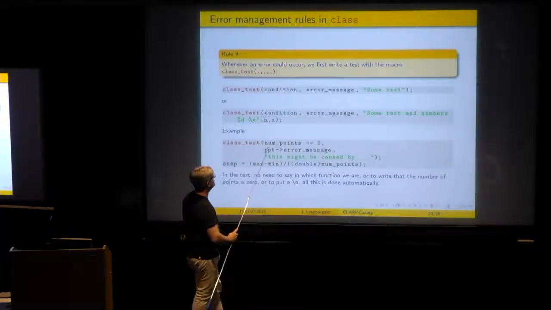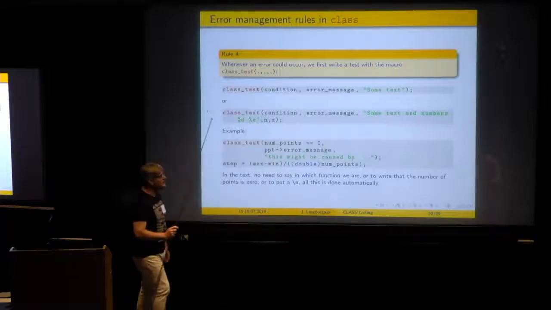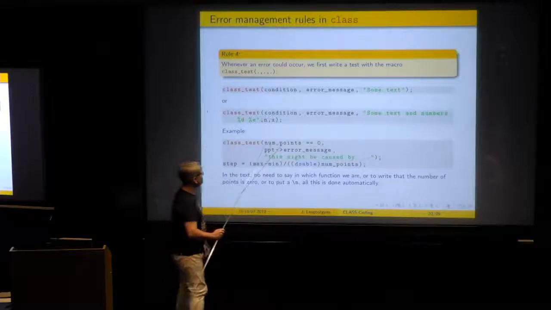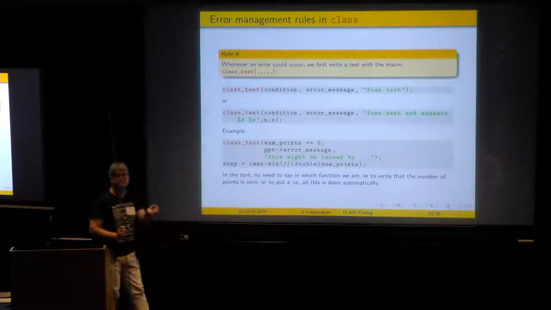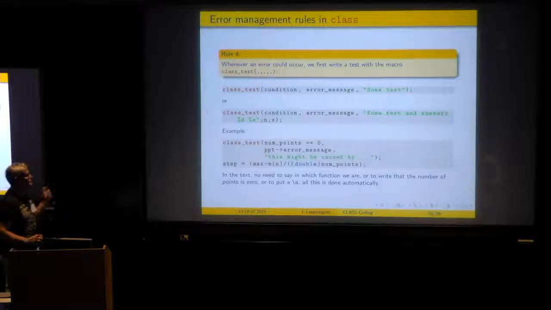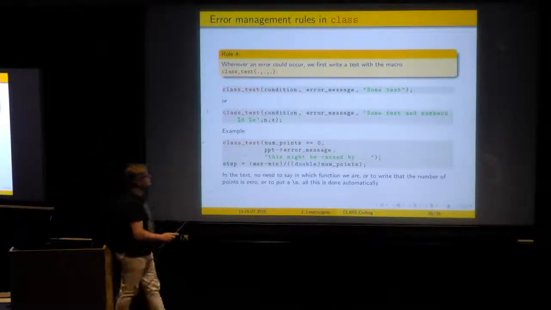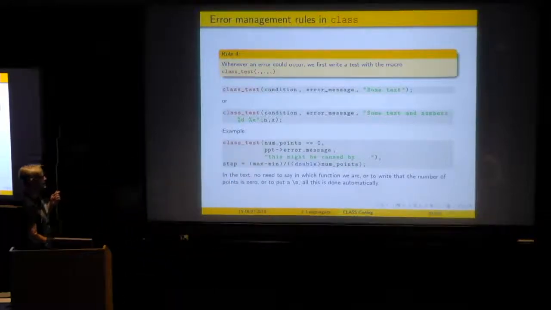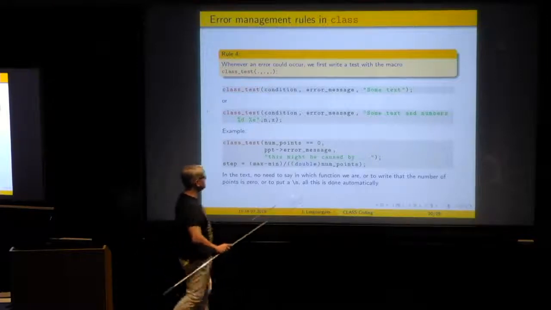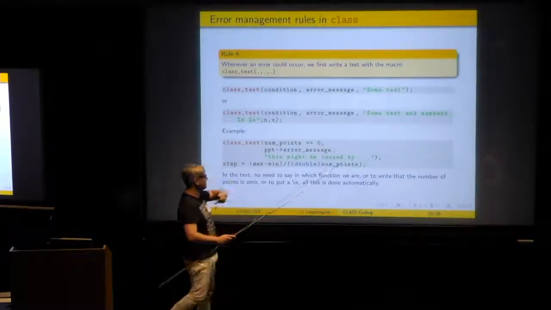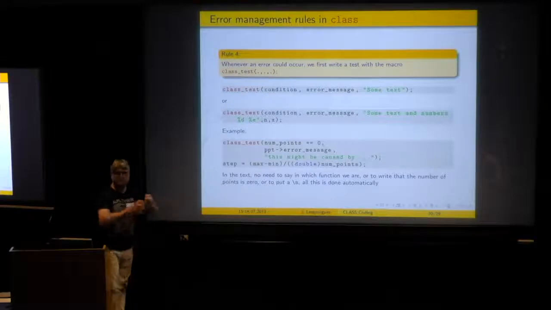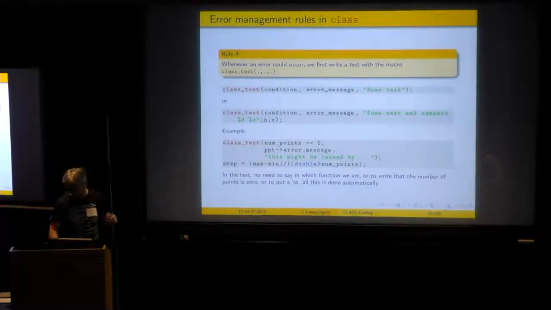So you will know already that num point was set to 0 and in which line. So you could even leave this blank. It would be enough for the user to know that num points was 0 in a given line of a given function. But if you want to be a bit more talkative and suggest how to debug, you can write your debugging suggestion here. And you don't need to put a \n, which is back to line, because it will be added automatically. So this is how a very short error message will return a very long and informative sequence, as we have seen before.